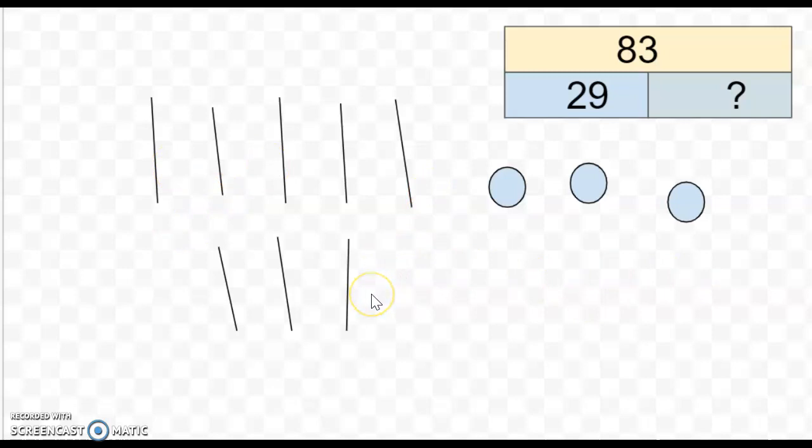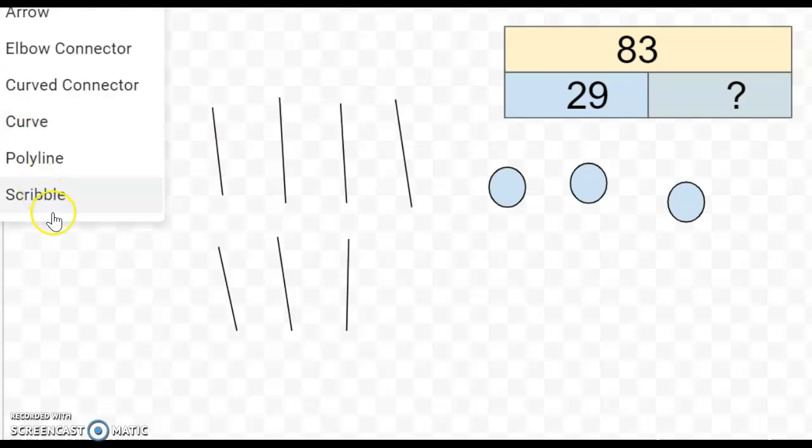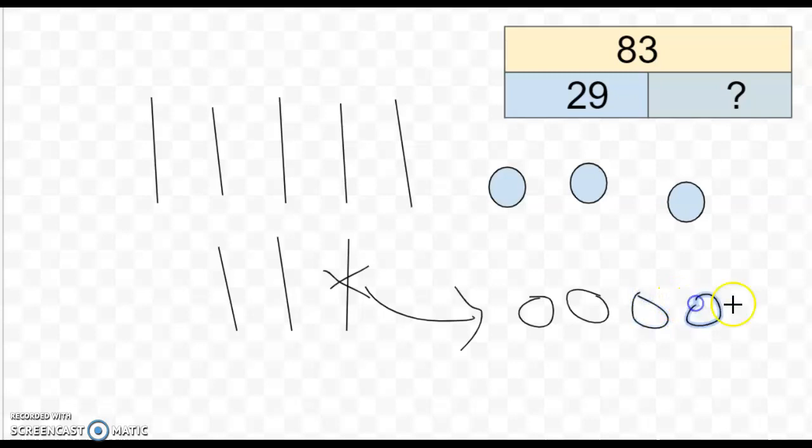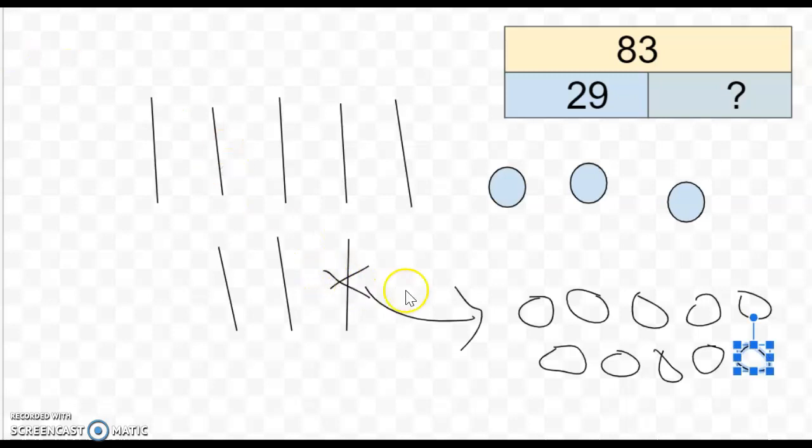So I'm going to decompose one of these 10 sticks into 10 ones. Now I can take away 9 ones.